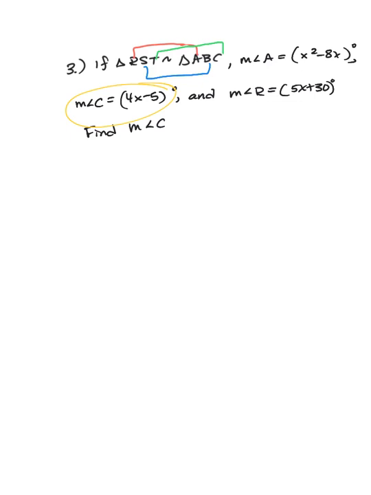All right, so angle A and angle R are congruent. So the measure of angle A is equal to the measure of angle R. Okay, the reason for this is because in similar triangles, the corresponding angles are congruent.